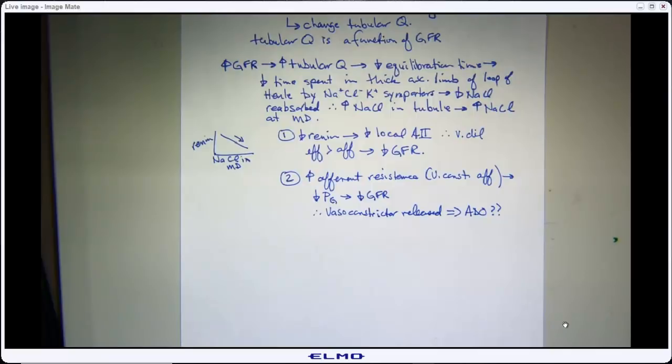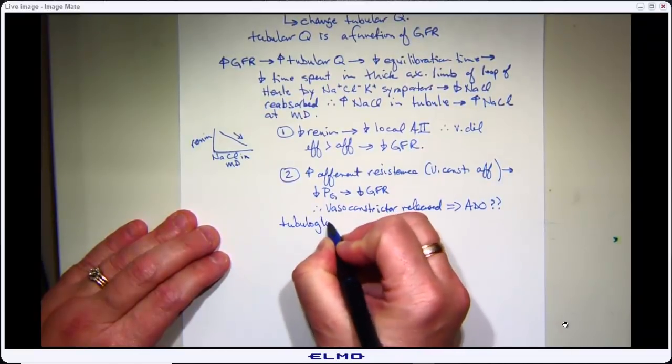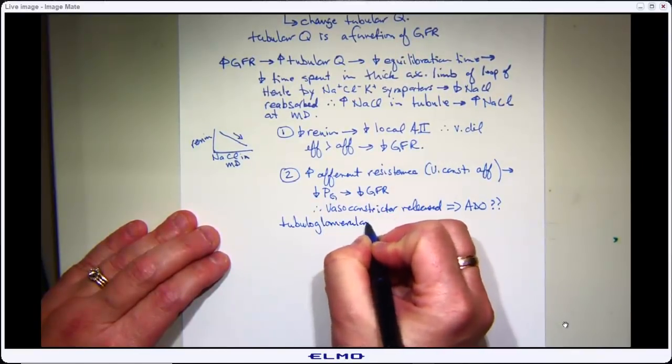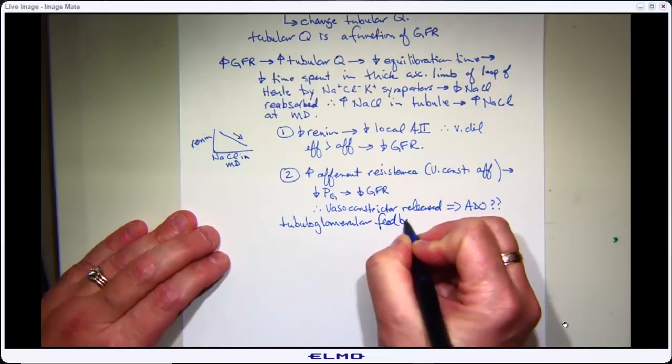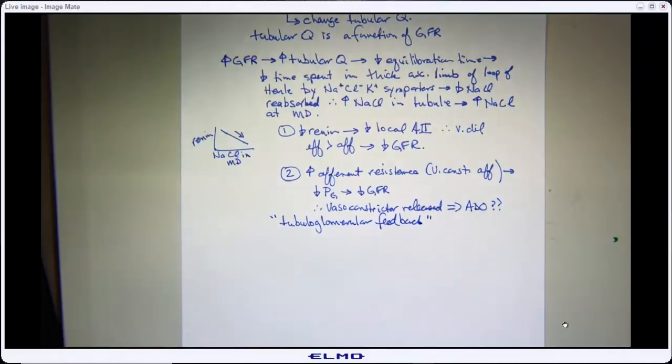The tubule is feeding back information to the glomerulus. Take this information back there, bring that information forward here, because that's where they connect. So we've seen this before.